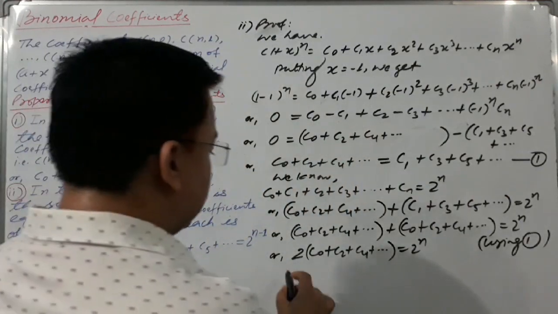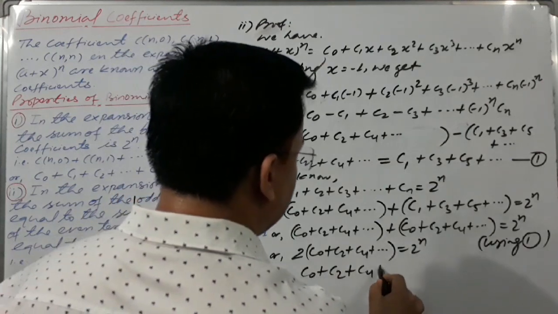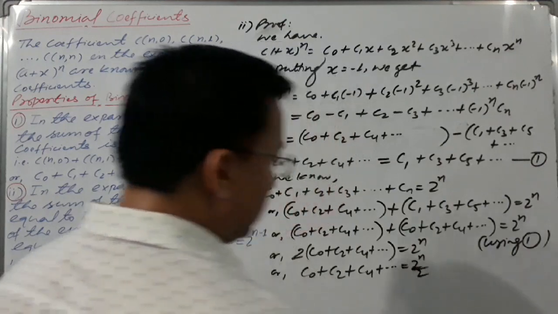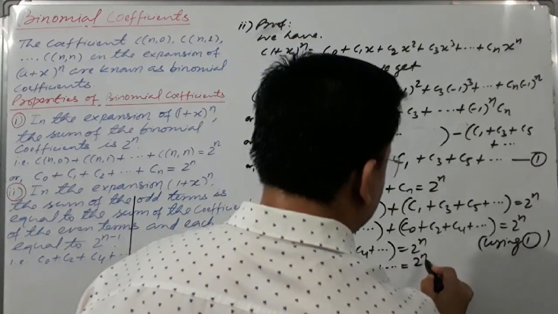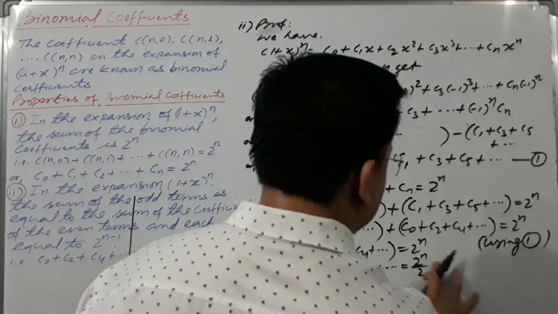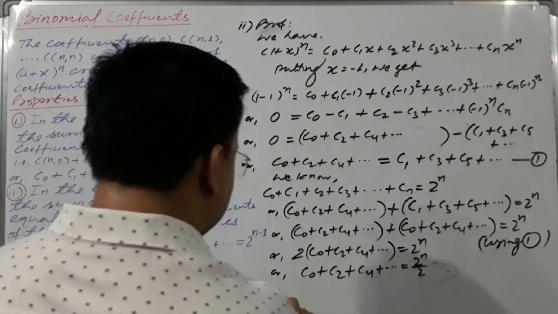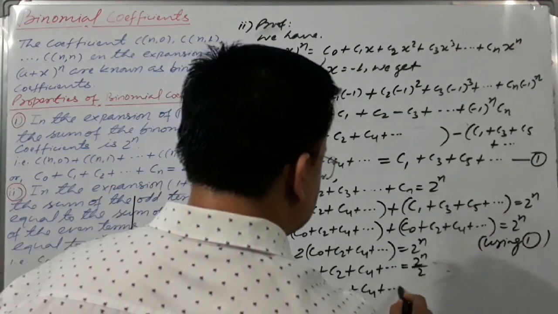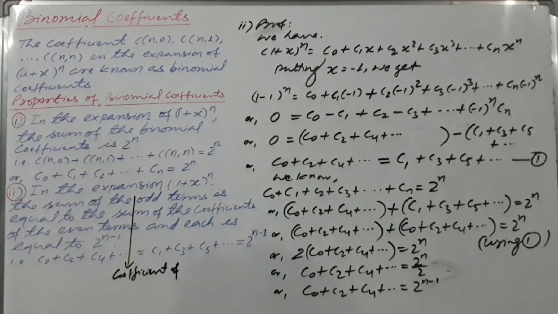So easy steps here: C0 plus C2 plus C4 plus dot dot is equal to 2 raised to power n divided by 2, and you will get C0 plus C2 plus C4 plus dot dot is equal to 2 raised to power n minus 1.